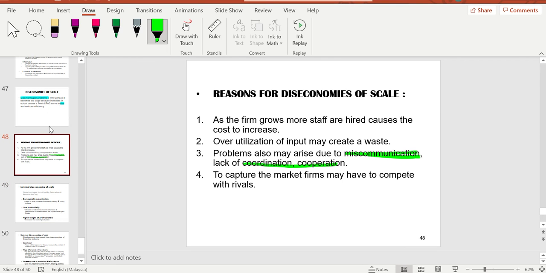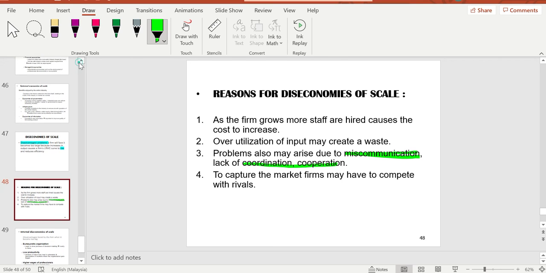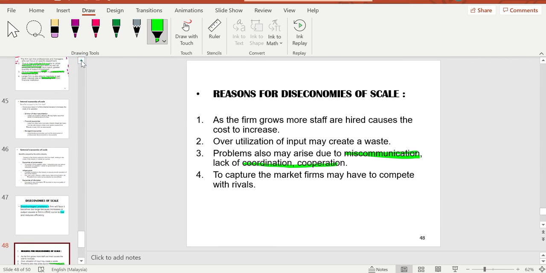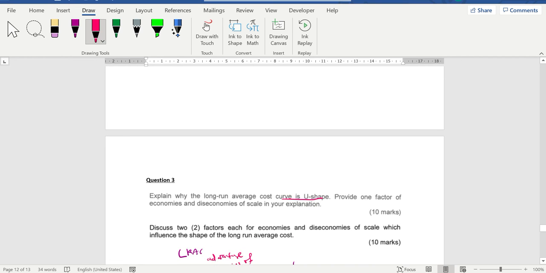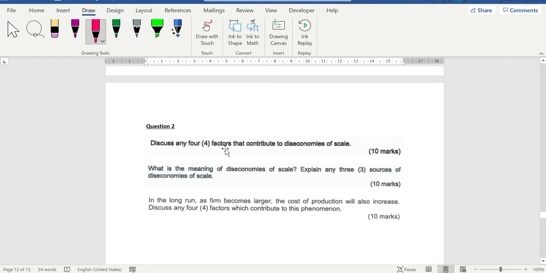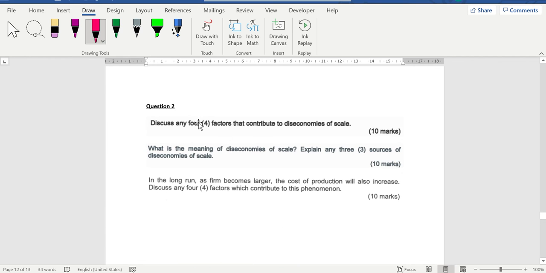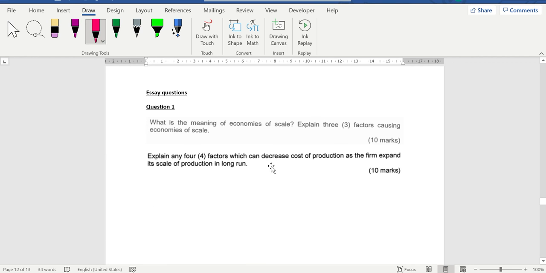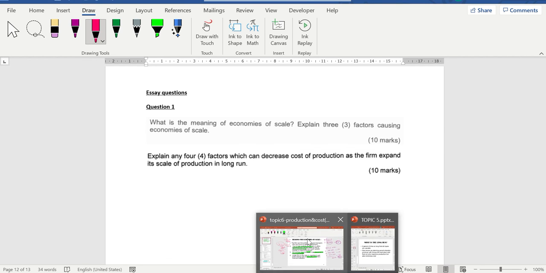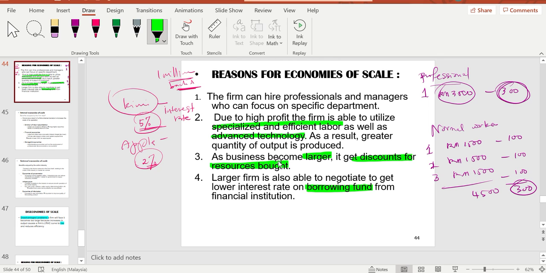So masa bila nak ambil yang reason yang broad macam ni, kalau soalan tu tanya macam ni, yang ni boleh lah. 4 factors sama juga sebenarnya, mana-mana pun boleh, cuma yang ni too broad, so you don't have a proper explanation for you to get more marks.